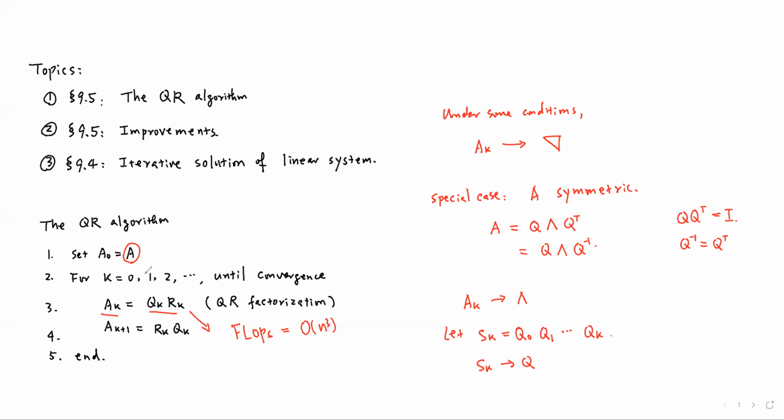Let me show you two examples. The first example: how to make improvement. Consider the case when A is symmetric.